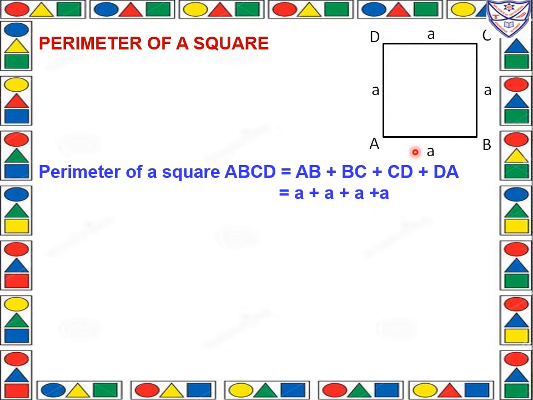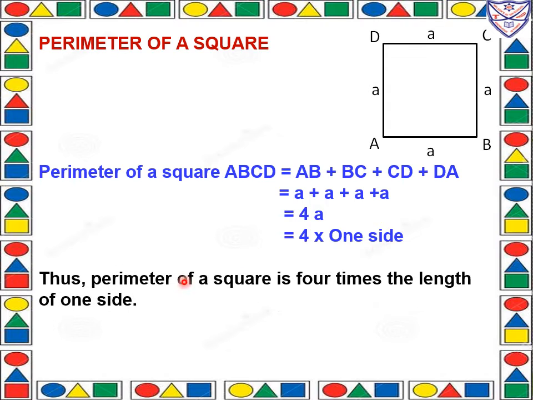AB equals a, BC equals a, CD equals a, and DA equals a. How many a's do we have? Four times, so 4a. We write 4 multiplied by one side. Thus the perimeter of a square is 4 times the length of one side.